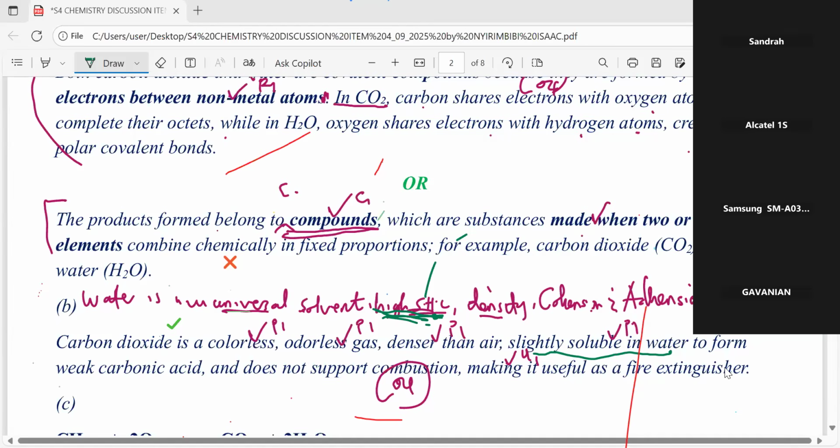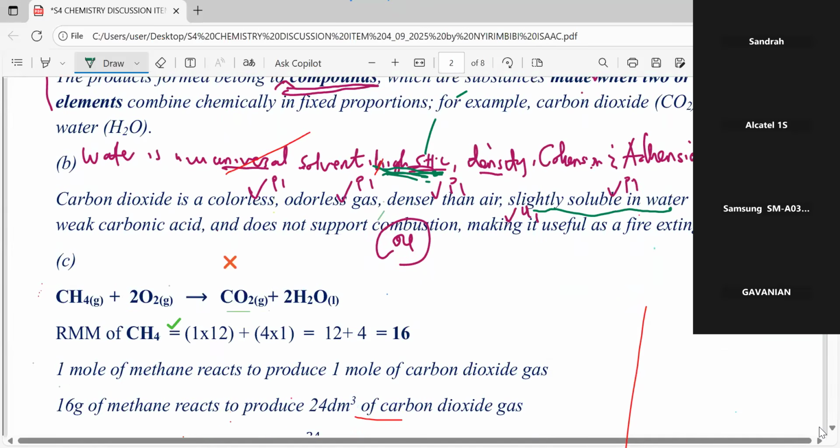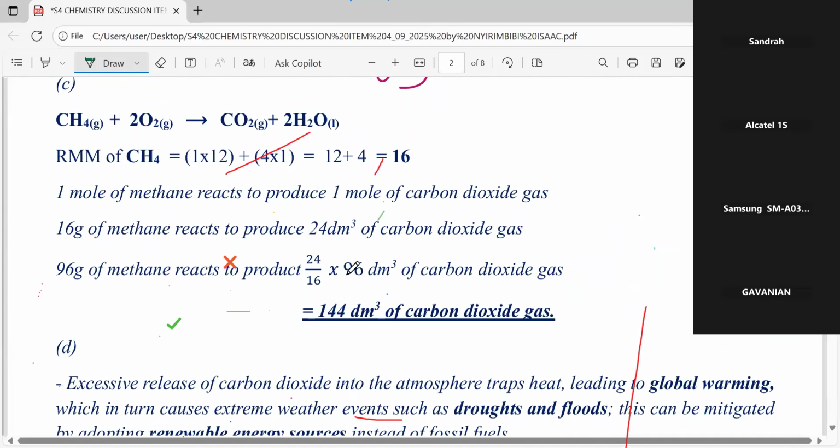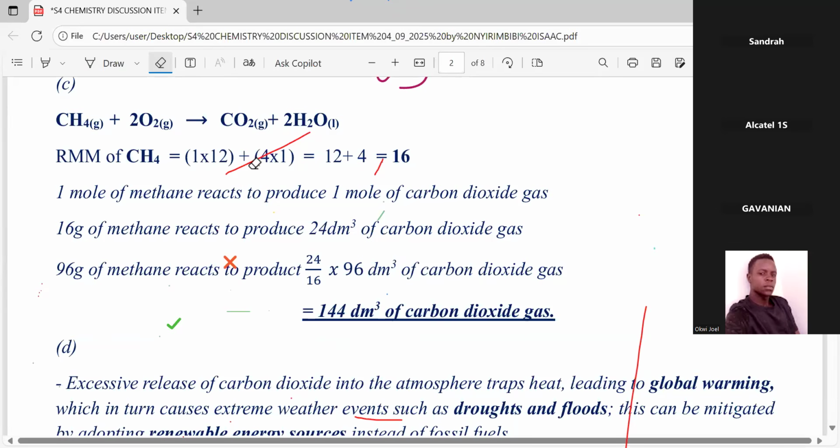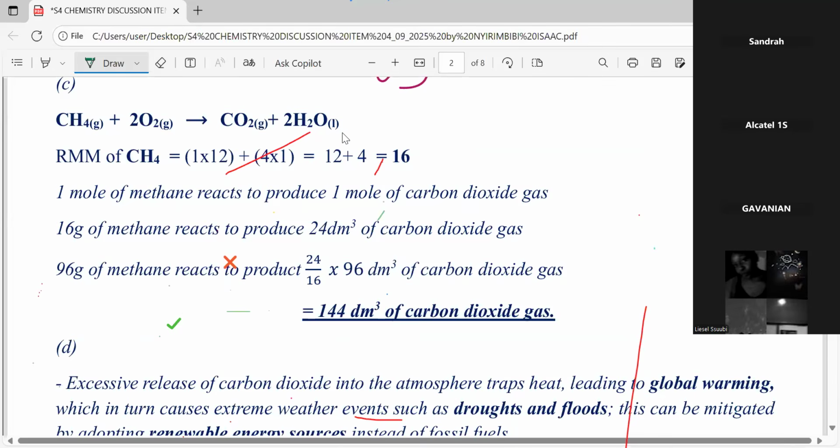Let me answer that immediately. First remain there, and then I take you to that point. Now we are looking at this equation: methane reacting with oxygen to produce carbon dioxide and water.